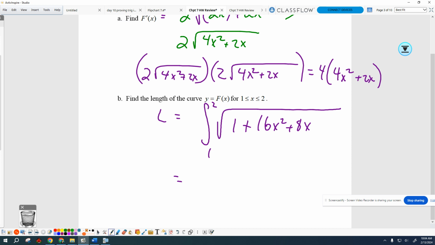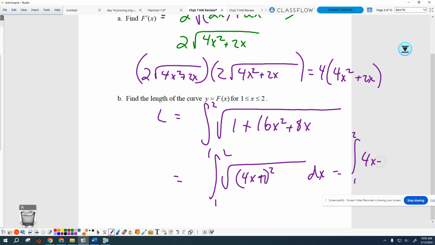Something's got to happen. Can you factor? Yeah, how does it factor? 4x plus 1 in the other one. Okay, so it's just asking us to integrate 4x plus 1, the square root of it.